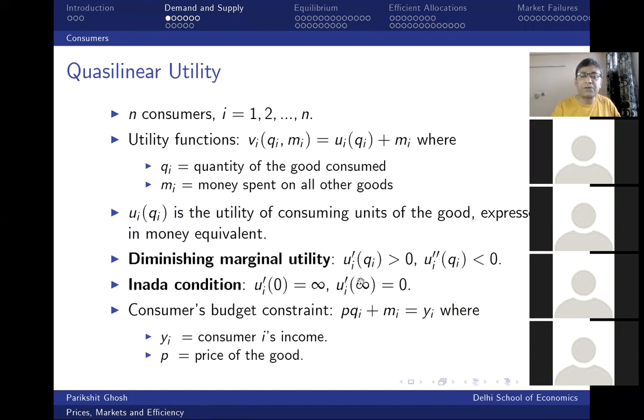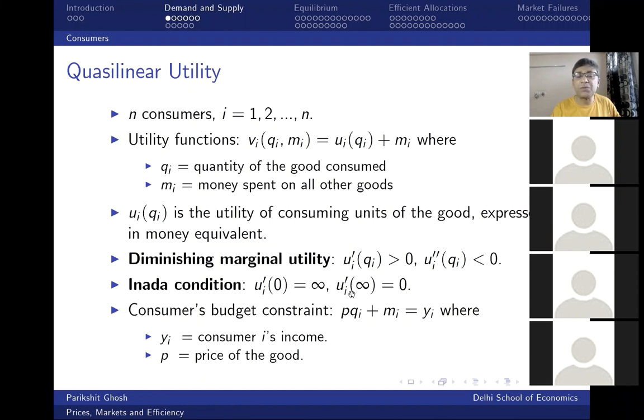We'll also make sort of endpoint conditions. These are called Inada conditions sometimes. If the quantity is 0, then marginal utility is infinity. That means starting from 0, if I get just an extra morsel of bread, then in derivative terms, it gives me a lot of extra utility, right? Infinitely high.